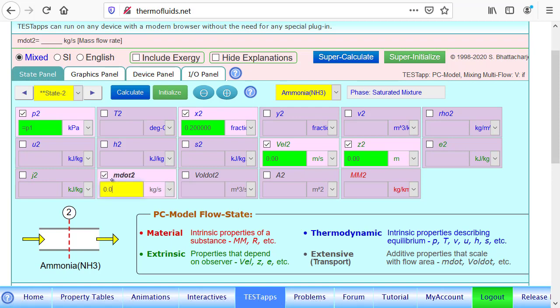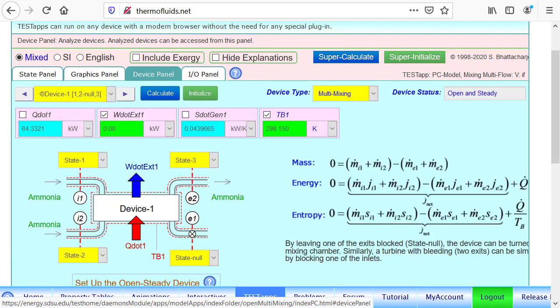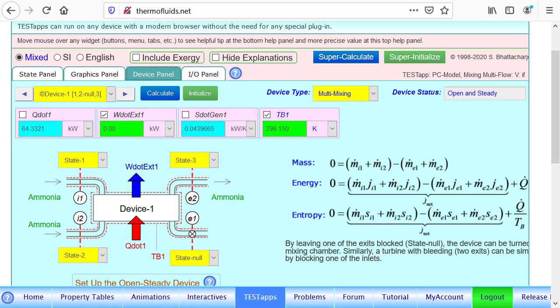So suppose we guess m dot 2. Suppose we say, you know what, m dot 2 is 0.1 kg per second, and calculate the state and super calculate. Come to the device panel, and it shows that to get this particular exit condition, Q dot 1 is 64 kilowatts. In other words, you have to heat up the mixing chamber to get there. So your goal would be to guess m dot 2 so that Q dot 1 goes to 0.